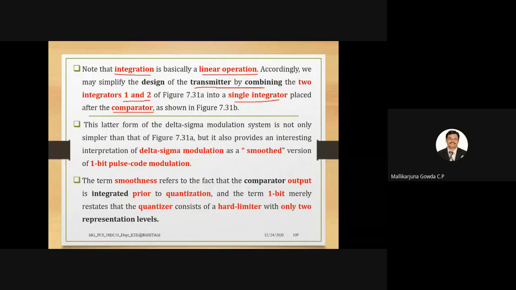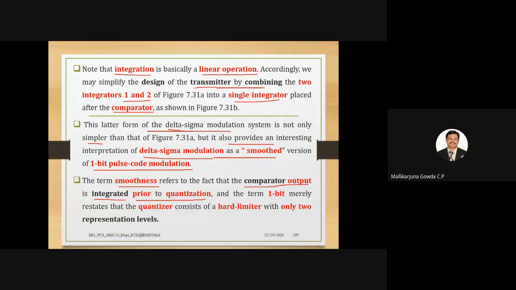So this delta sigma modulation is not only simpler than the previous one, but also provides an interesting interpretation of delta sigma modulation as a smooth version of the 1-bit pulse code modulation. The smoothness refers to the fact that the comparator output is integrated prior to the quantization.